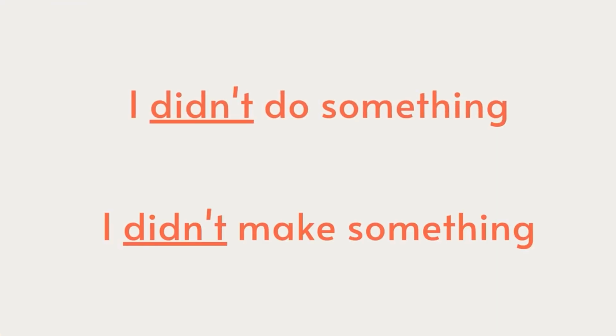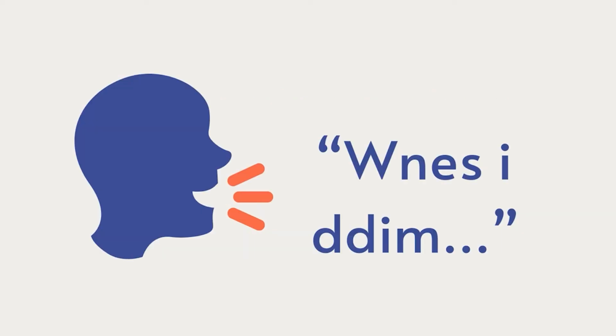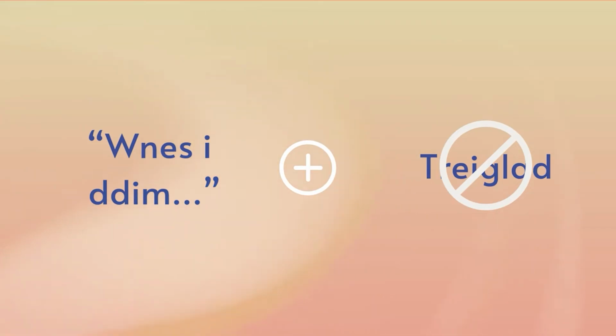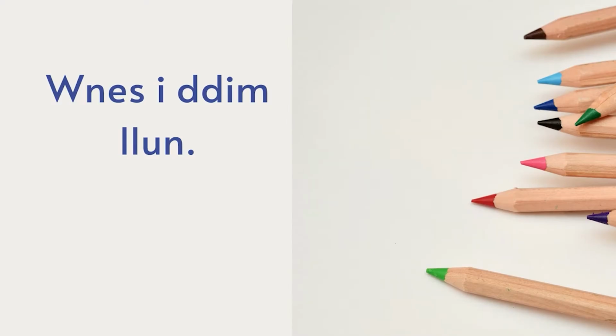To answer by saying I didn't do something or I didn't make something, say wnes i ddim. There's no treiglad following ddim. Here are some examples. Wnes i ddim llun.